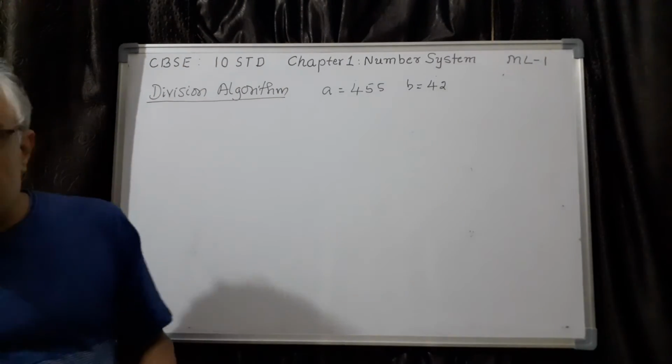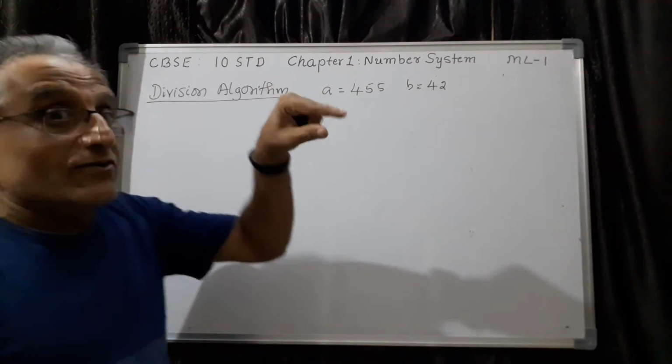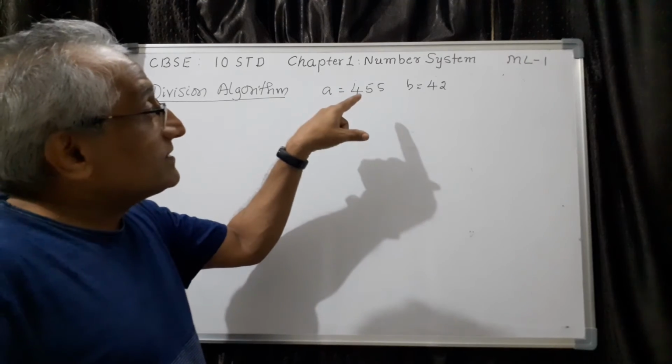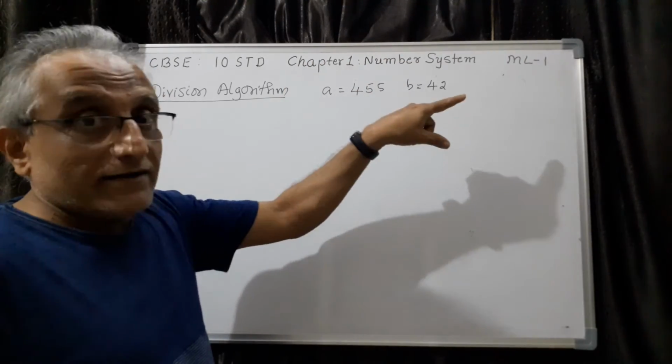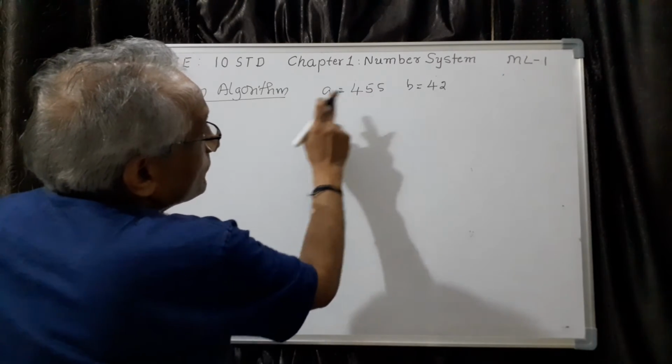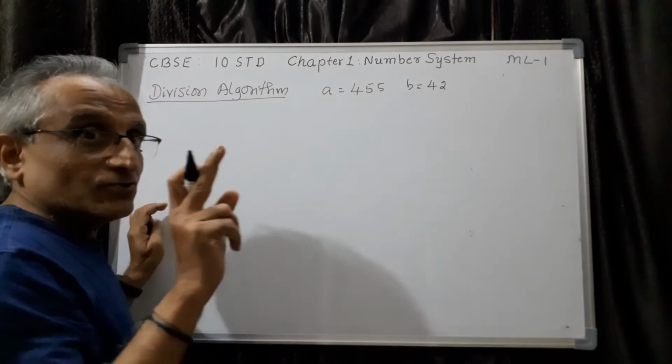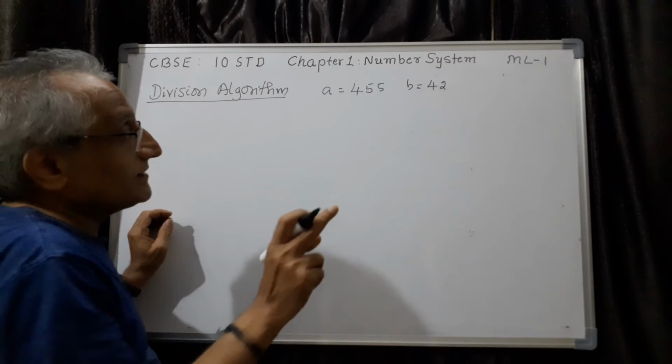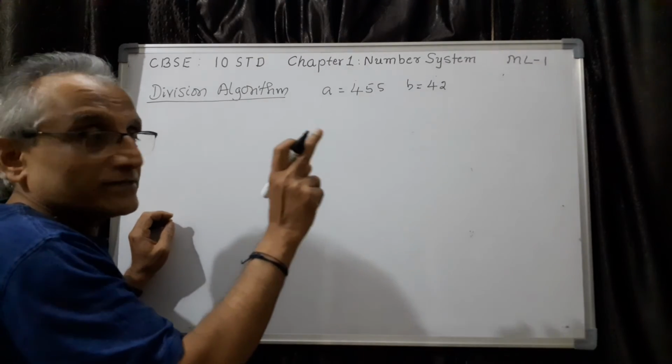So what we have to do now is recall Euclid's division lemma. The division lemma says given any two numbers like this, we can always find two numbers Q and R satisfying A equal to BQ plus R.